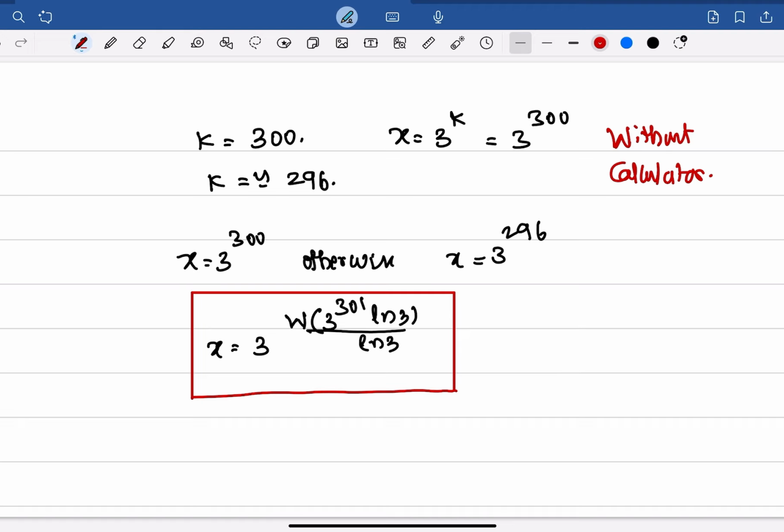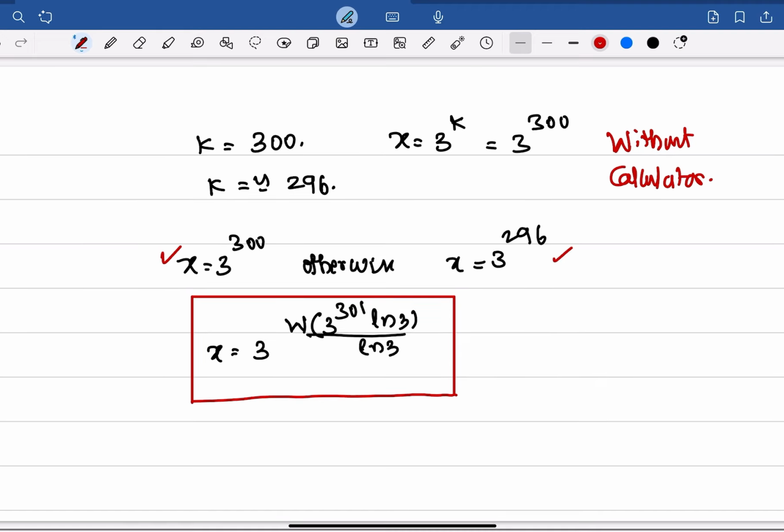If you want an approximate answer, it can be either x equal to 3 to the power of 300 or x equal to 3 to the power of 296. If you are sensitive enough to calculate the nearest values, this will be the answer. If you want to stop at some level, this will be the answer.